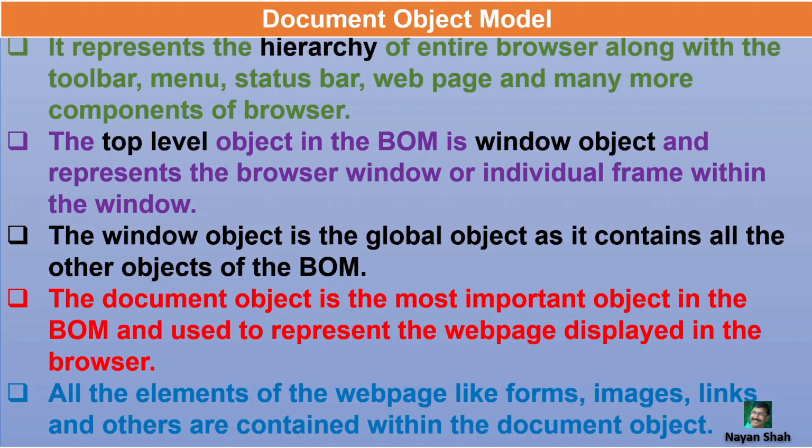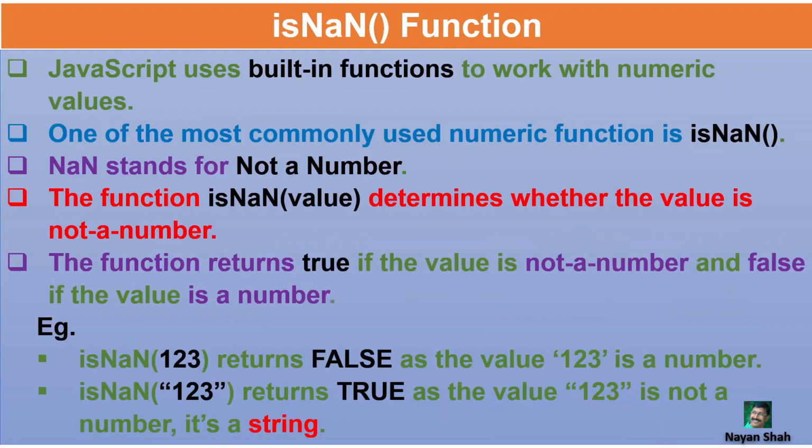It is like when I was specifying an address: Rajkot, then in Rajkot, Race Course. So slowly we go to the particular location. Similarly, on the top of the hierarchy is document, and then in document we will have form, image, link, table, list, and so many other things. So that is the document object model.